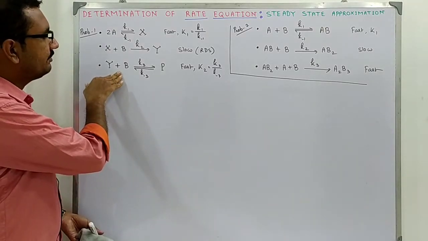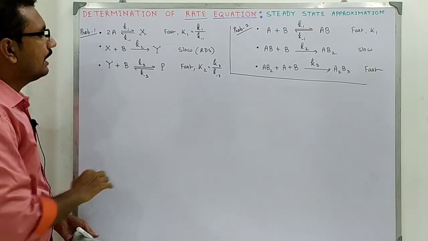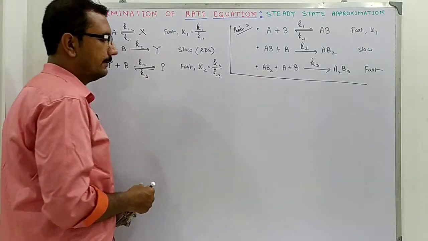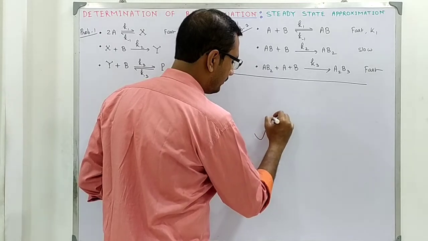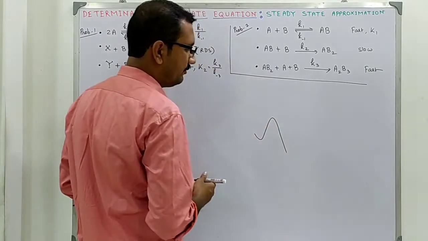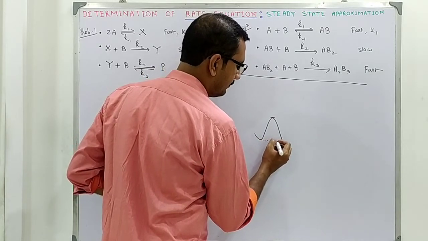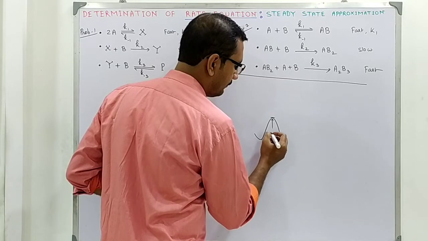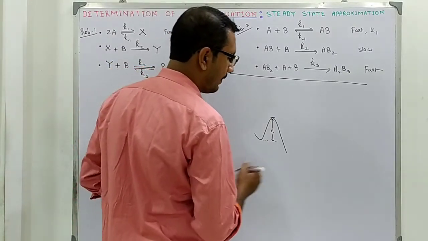Now, the last step of this mechanism is also fast. So, it is also associated with a very low activation energy. So, how can I draw this? Step 1 must be associated with a very low activation energy. For the first step, it is less.